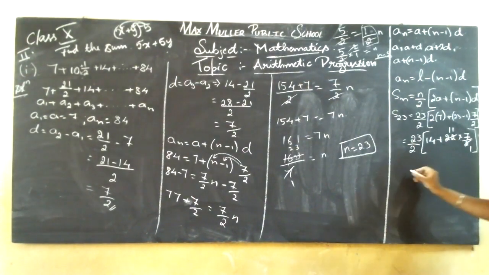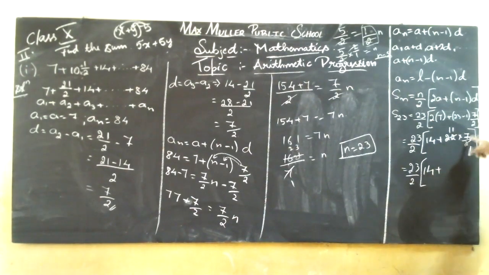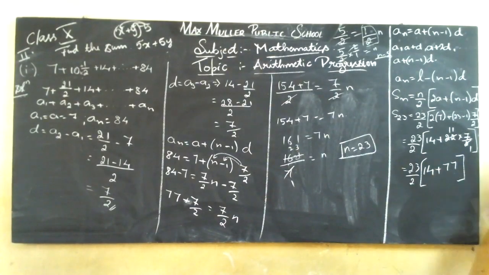So I'll be left with 23 divided by 2 into 14 plus 7 into 11 is 77. So now 14 plus 77. 7 plus 4 is 11. 1 carry. 7 plus 1 is 8. 8 plus 1 is 9.